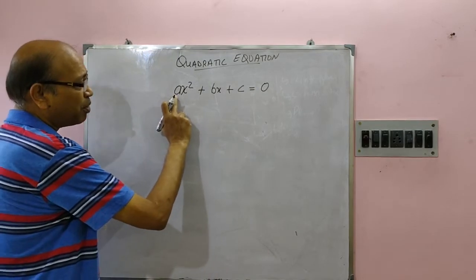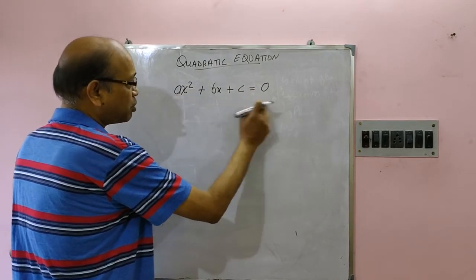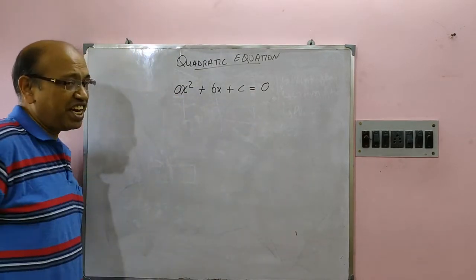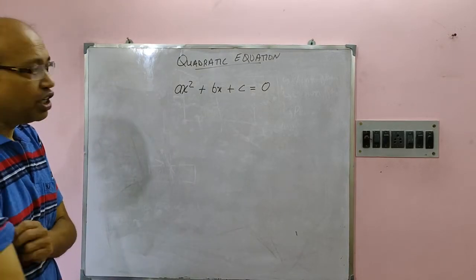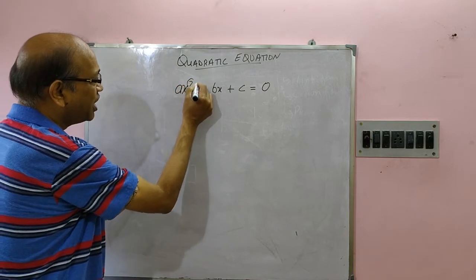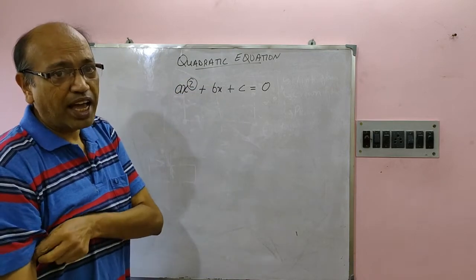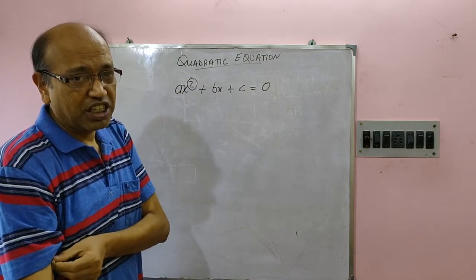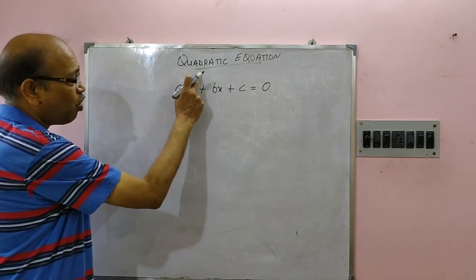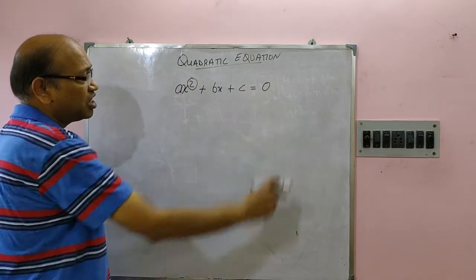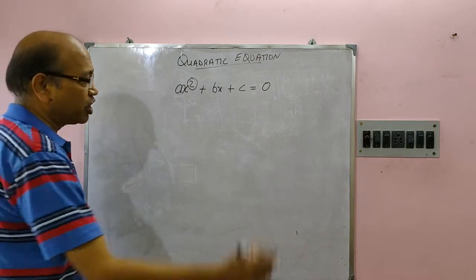And of the form ax squared plus bx plus c, that means any equation of degree 2 is known as a quadratic equation. Is it clear? Any algebraic equation of degree 2 is a quadratic equation.